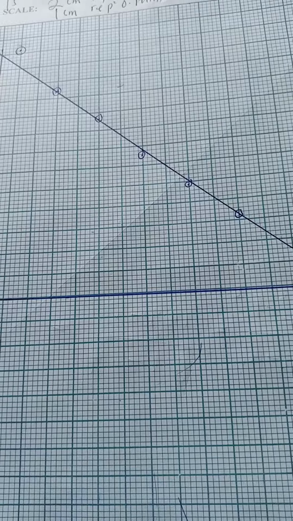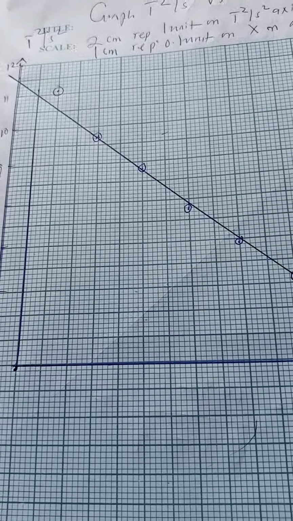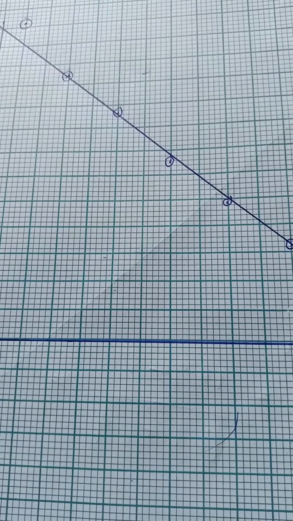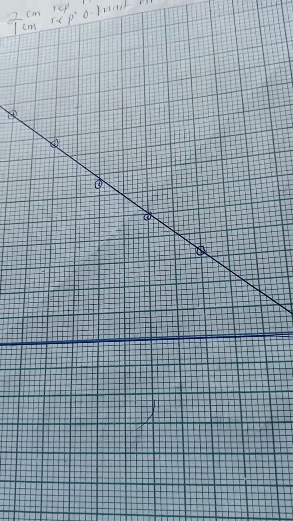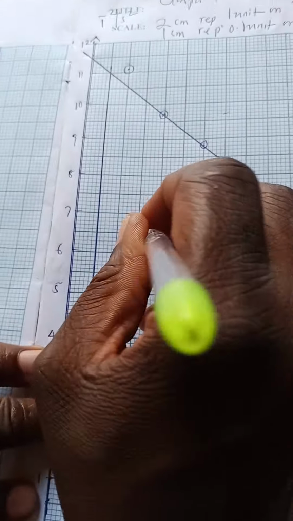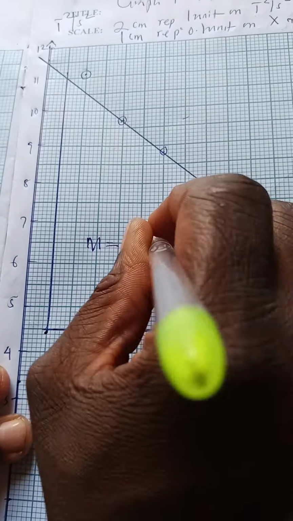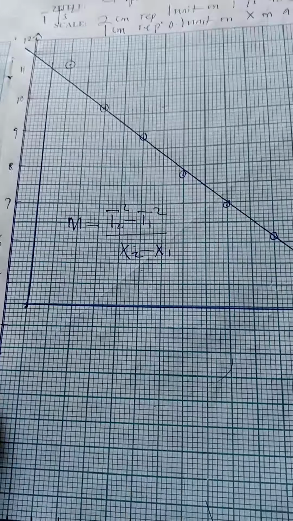The task here is for us to compute the slope and find the intercept, from which we are going to extract our acceleration due to gravity and the height from the floor to the ceiling in the laboratory. So let's go on and see. From our graph here, slope m is given by t2 squared minus t1 squared over x2 minus x1. Now, let me write it on the plain sheet for you.